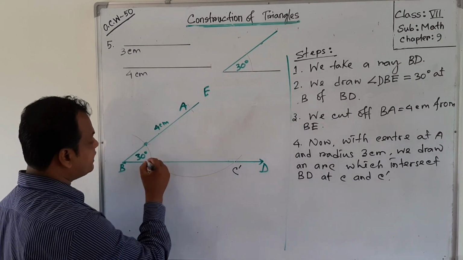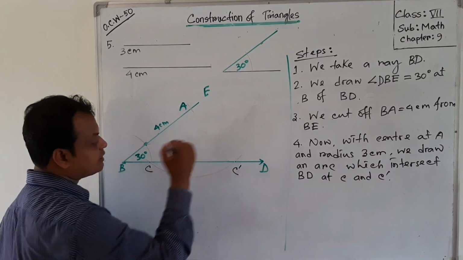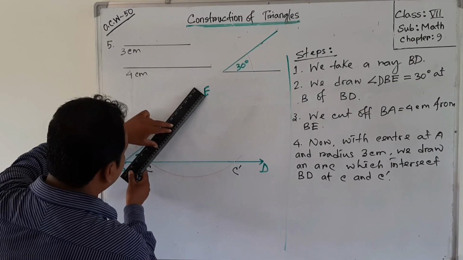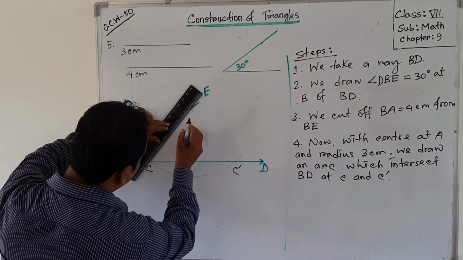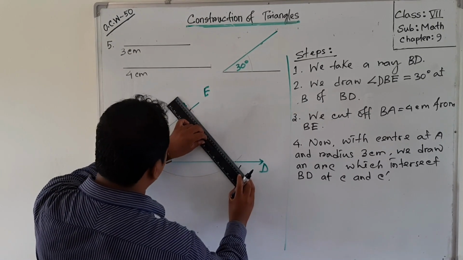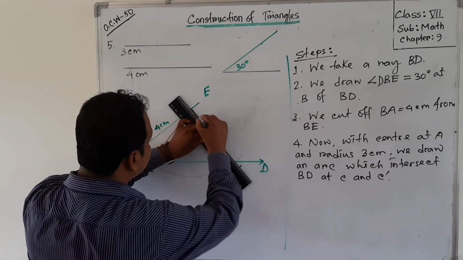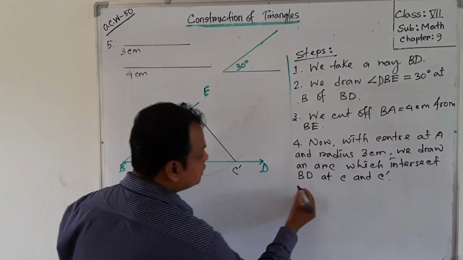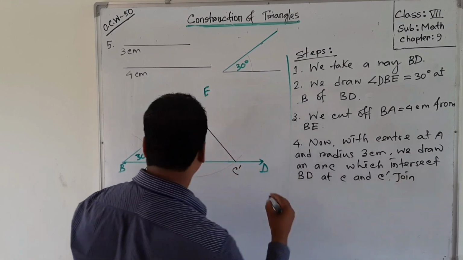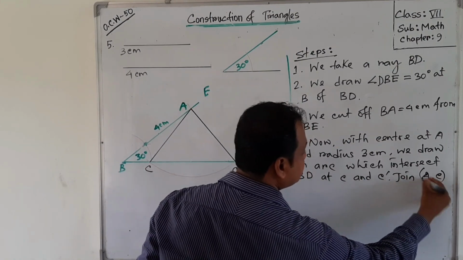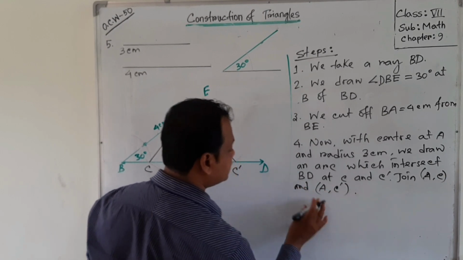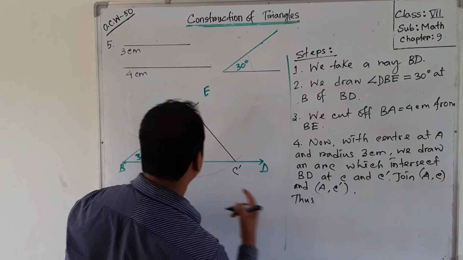Now we will join A and C and A and C prime. Thus, we have got two triangles.